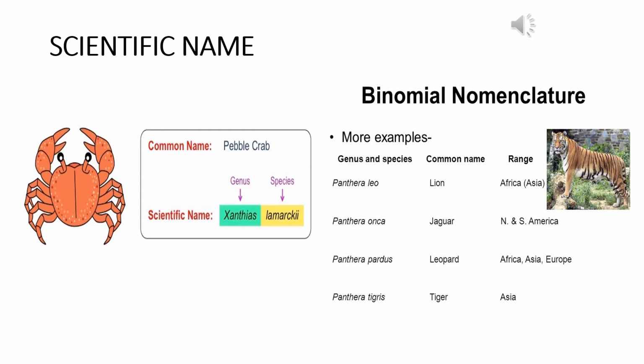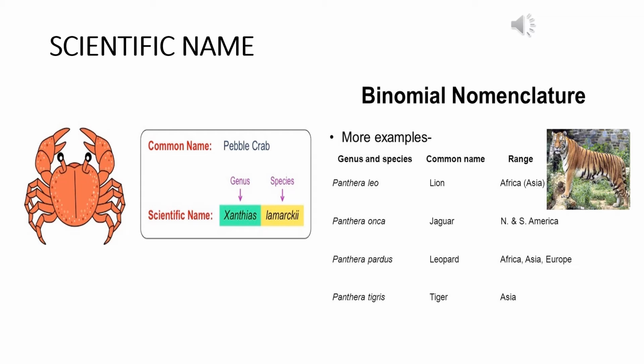Similarly, we have a name and a surname. In case of the scientific name of the organism, the name is the genus and the surname is the species. All organisms have a common name also, but the scientific name is divided into two parts, called genus and species.